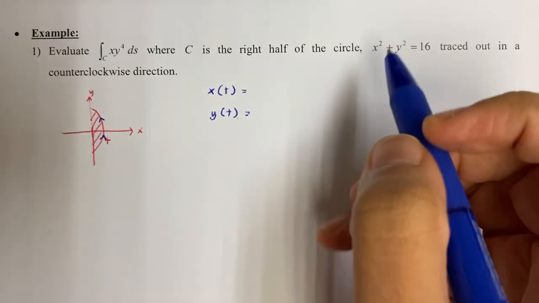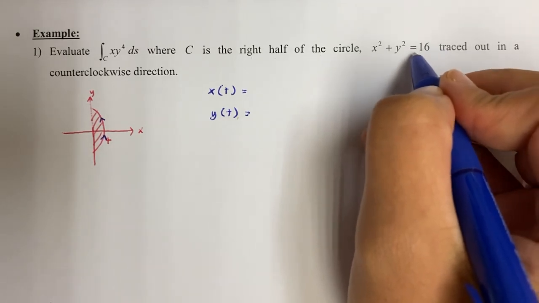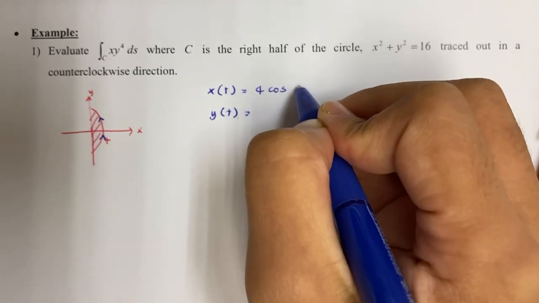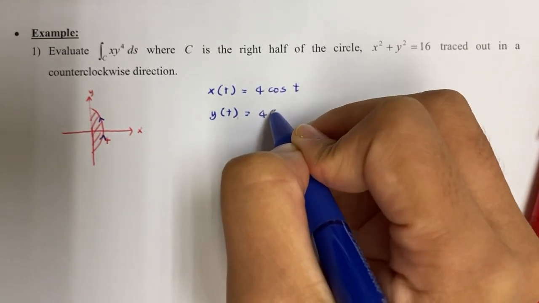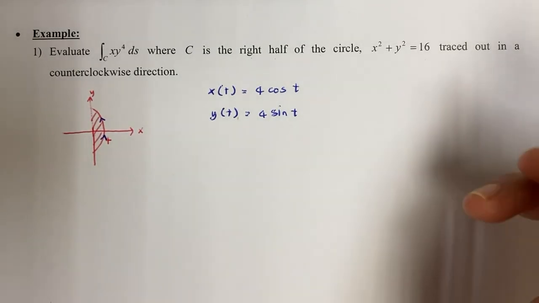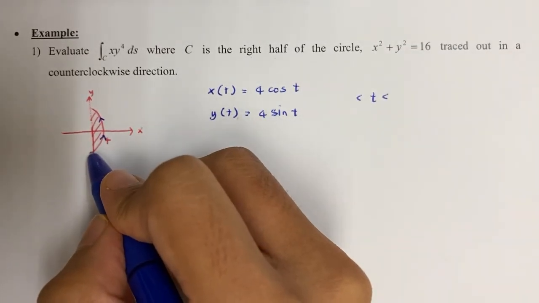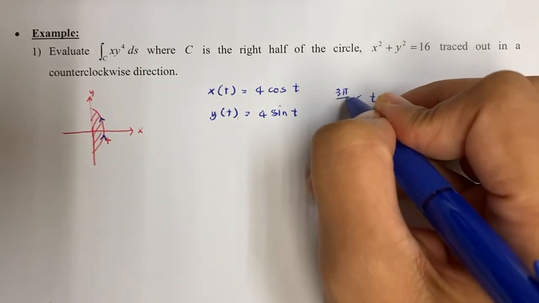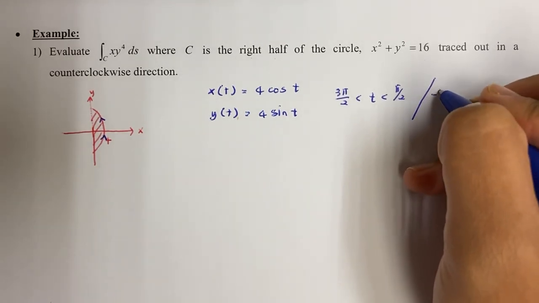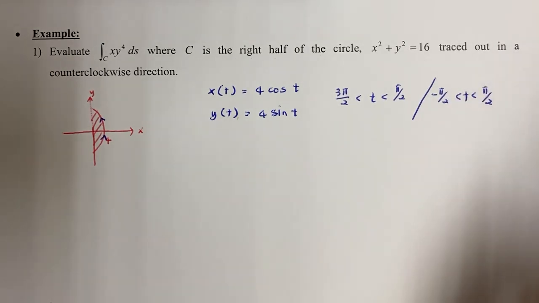For a circle, r is your radius, so the radius is 4, x is 4 cos t, y is 4 sin t. And then you need to know the range for t. The range for t is from 3 pi over 2 to pi over 2, or you can use from minus pi over 2 to pi over 2. No problem.